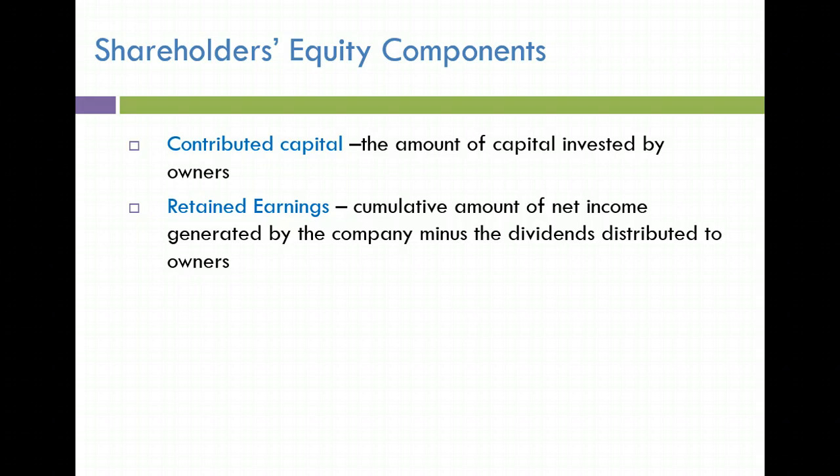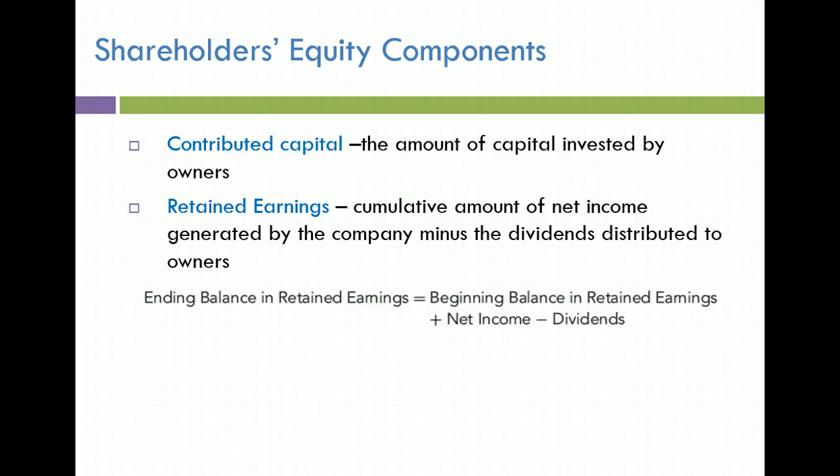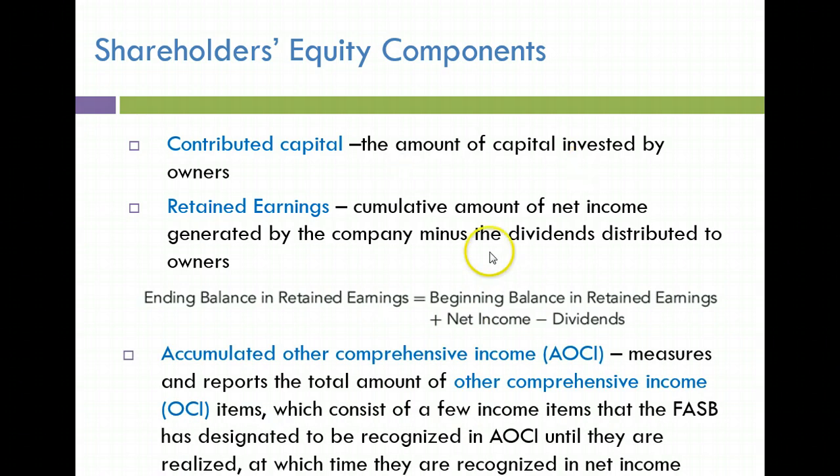The retained earnings is a summary of all the income that we've earned, minus the dividends that we've paid, over the life of the company. Then we add the net income for the current year, we subtract our dividends for the current year, and we have an item that will add to our shareholders' equity, which is accumulated other comprehensive income.